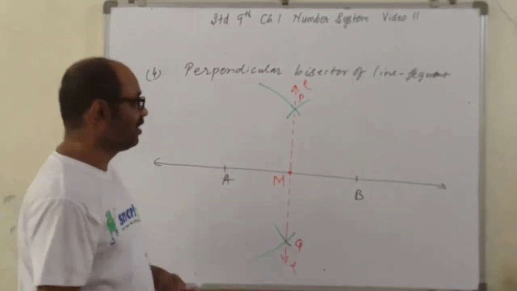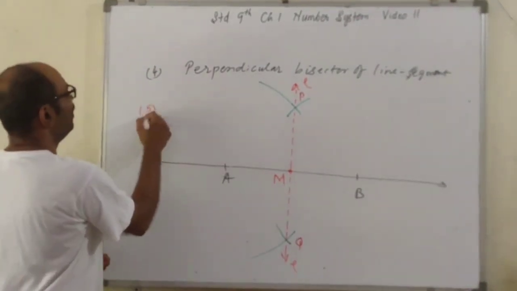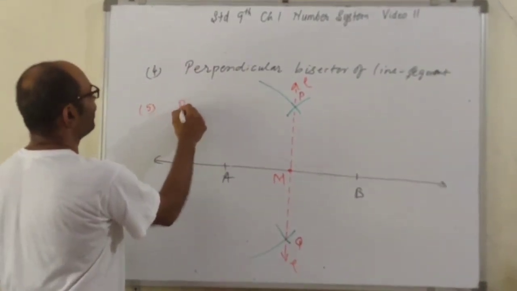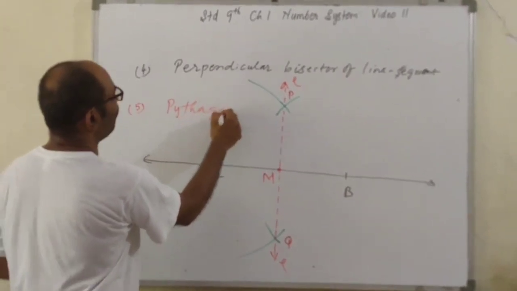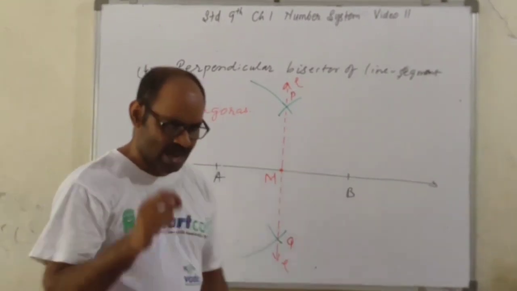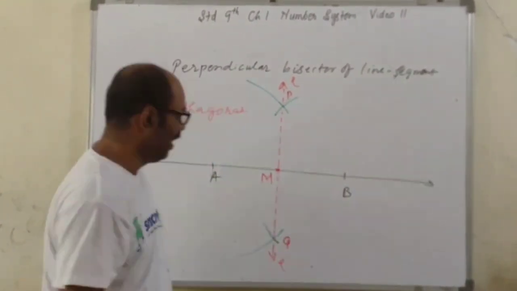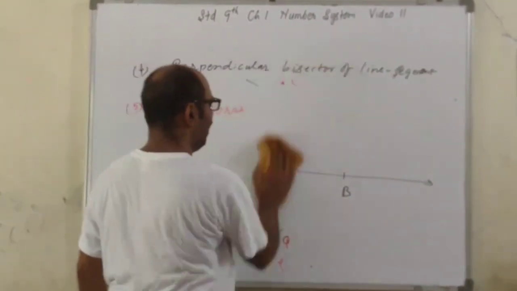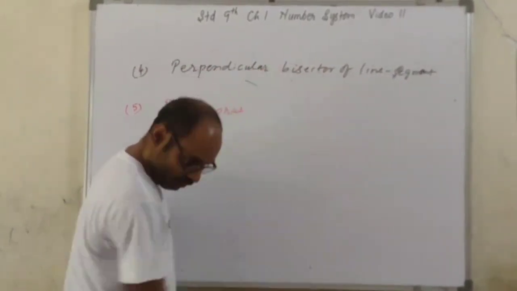And the fifth concept that we need to know is the Pythagoras principle, that we already know. I'll take one example of the Pythagoras principle, okay?